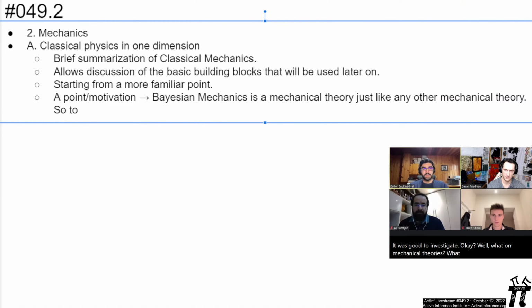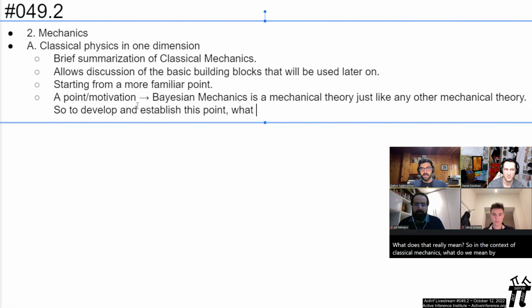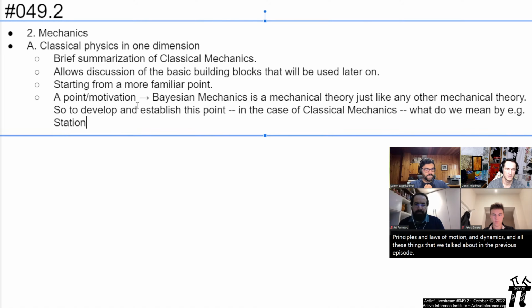What does that really mean? So in the context of classical mechanics, what do we mean by the interaction of stationary action principles and laws of motion and dynamics and all these things that we talked about in the previous episode? What do all of those look like in classical mechanics?